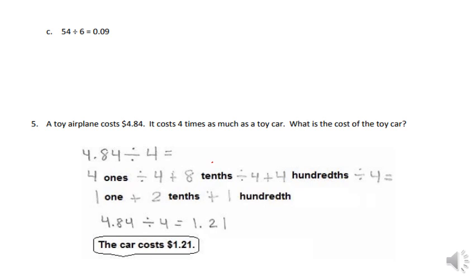Okay, and C, we have 54 divided by 6 equals 9 hundredths. Well, if we turn around and go 9 hundredths times 6, then we know that would be 54 hundredths.